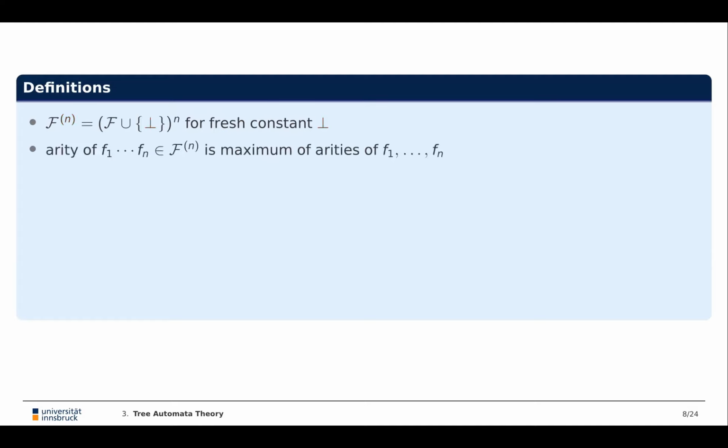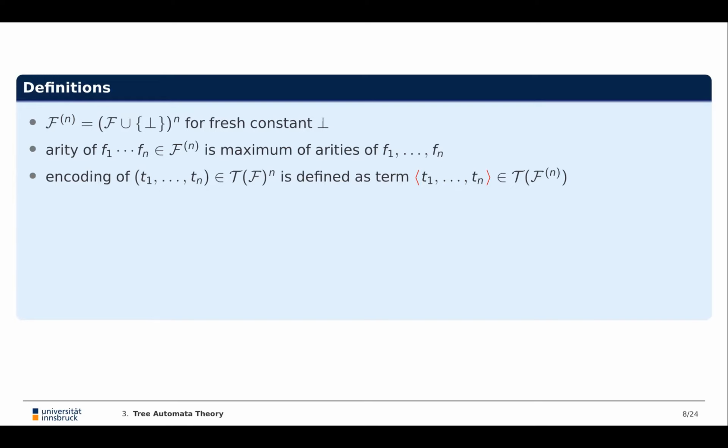The arity of these new function symbols then is just the maximum of the arities of the function symbols it contains. And this is how we encode these n-ary relations. So an n-ary relation contains the terms T1 through Tn if the encoding of the terms T1 through Tn are in the relation.